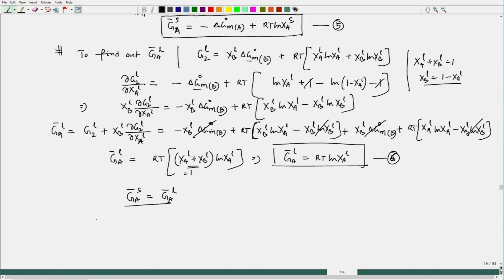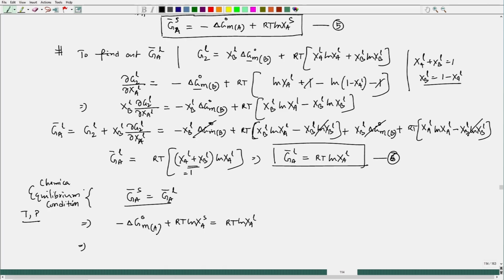So then we can write equation 5 is this one, so minus delta G naught A. So this is the equilibrium condition at a particular temperature and pressure, that is chemical equilibrium. Okay. Now we can put it like this.